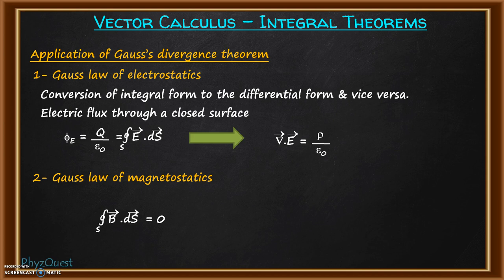Now this is an integral form, and this can easily be converted to a differential form, which is del dot B is equal to 0. So as you can see, in both cases the Gauss divergence theorem is clearly used in the conversion of the integral form to a differential form and vice versa.